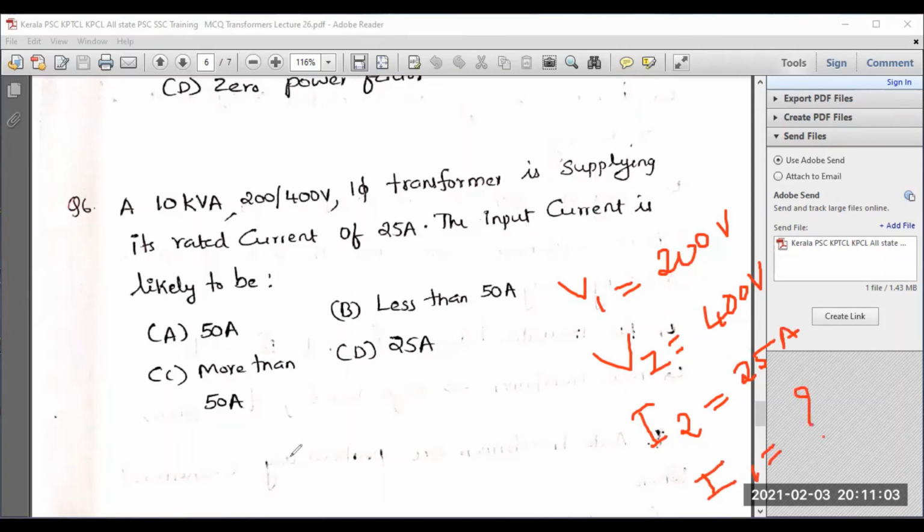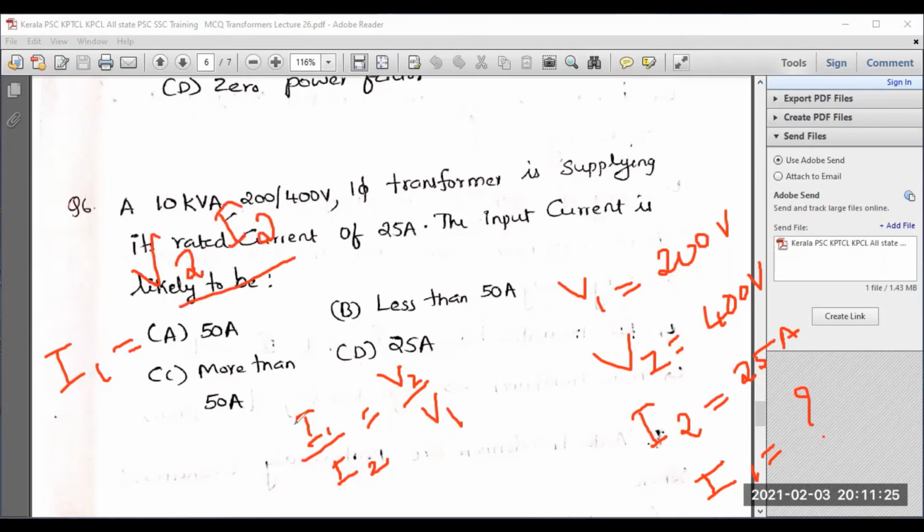I1 I don't know. So you can use the formula I1 by I2 is equal to V2 by V1. From this I can calculate I1. I1 is equal to V2 I2 divided by V1.